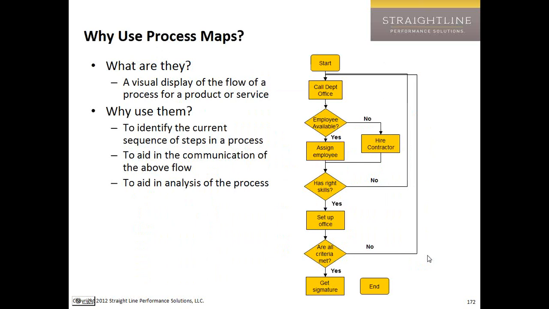So let's start off by talking about why we would use a process map. I think the answer should be fairly clear, and I talked about it a little already.